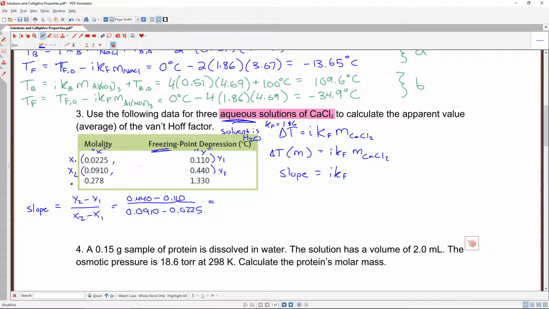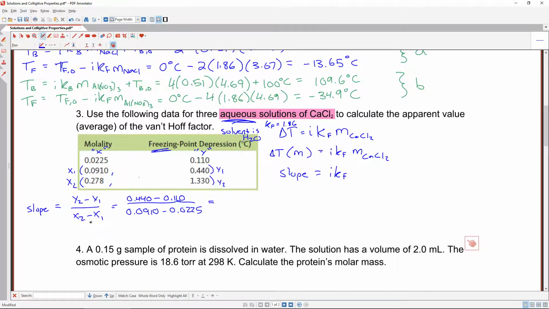So we're also going to not just perform this on these 2 points, but we're also going to do that on these 2 points as well, because those are consecutive points.